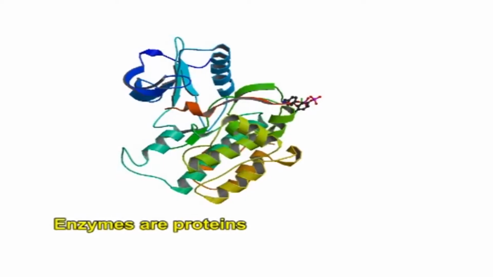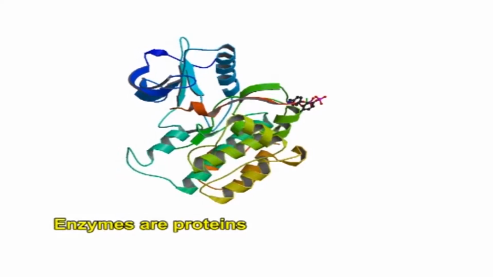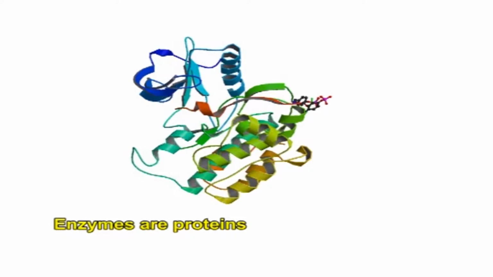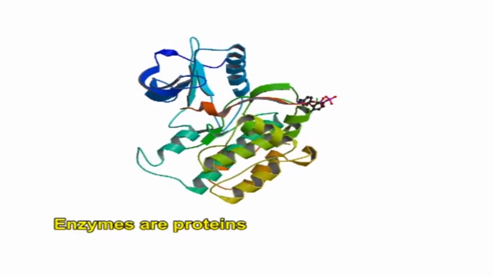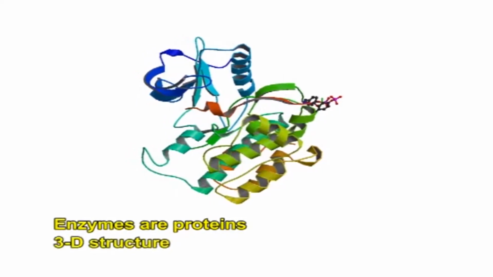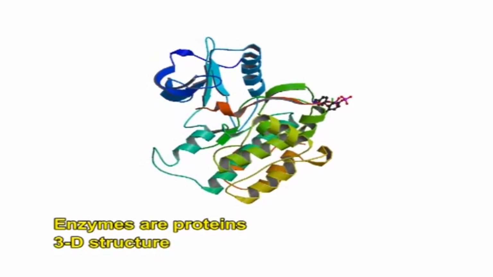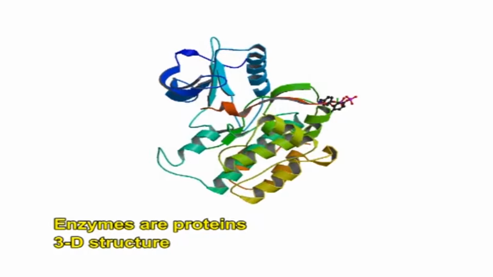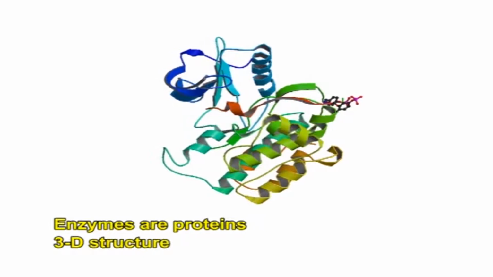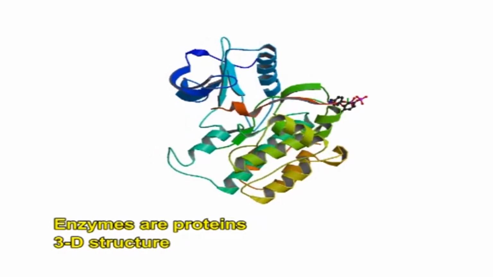Most of the enzymes are proteins, and a few catalytic RNA molecules have also been found. Enzymes adopt a particular three-dimensional structure, and they may also utilize inorganic and organic components as cofactors to help in catalysis.